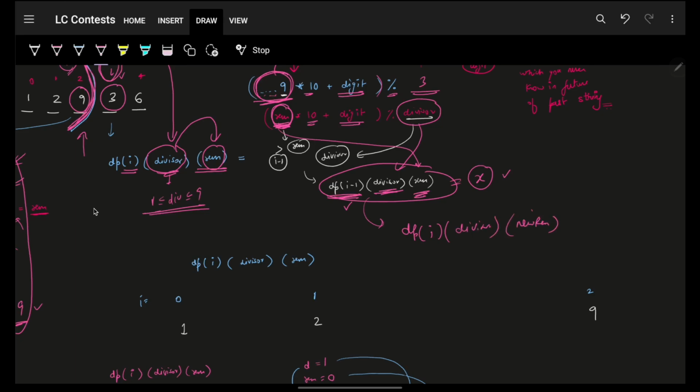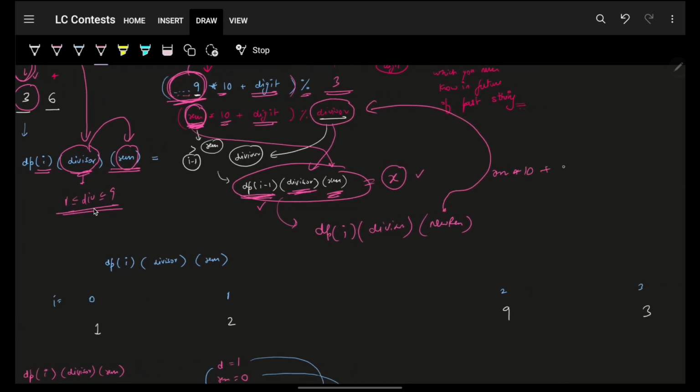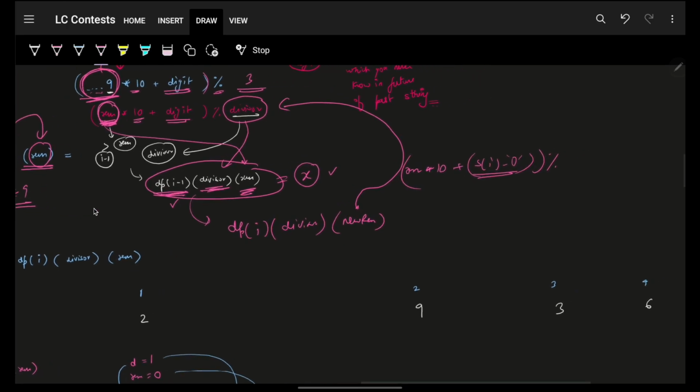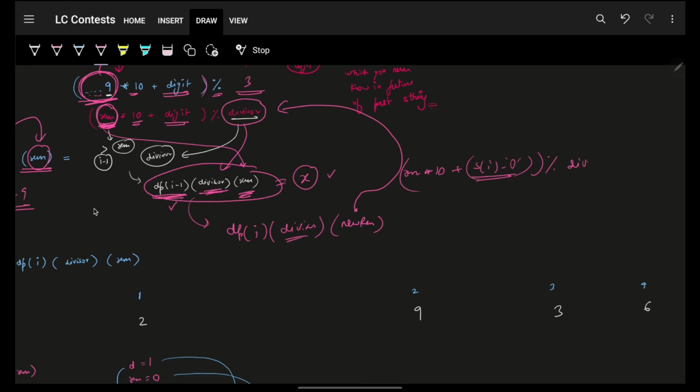What is this new remainder? This new remainder is nothing but remainder times 10 plus the current digit, which is s of I minus 0, mod this divisor. This is my new remainder.